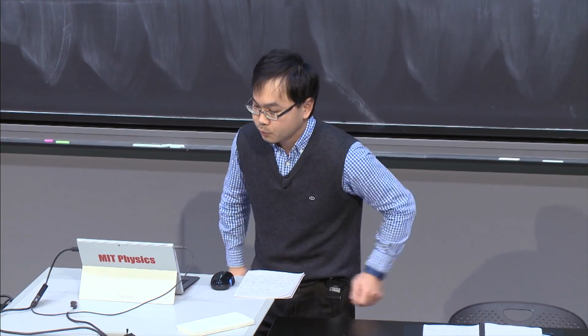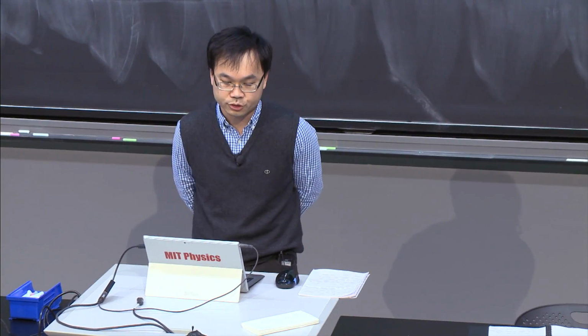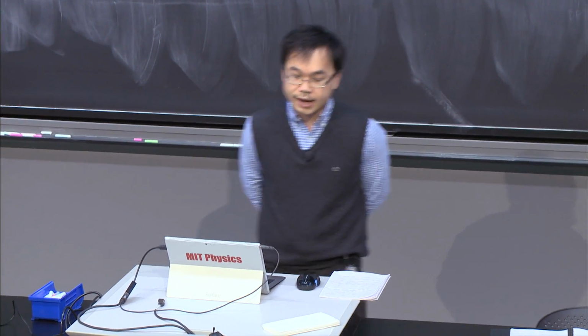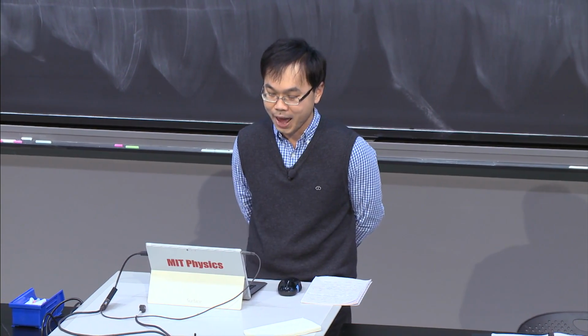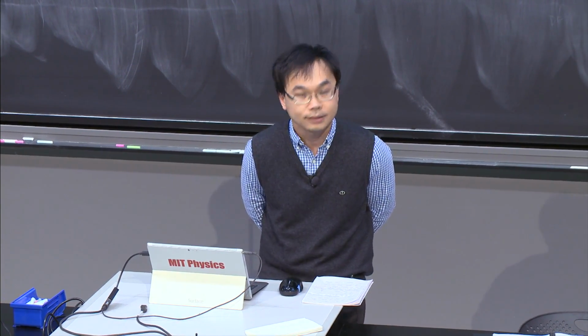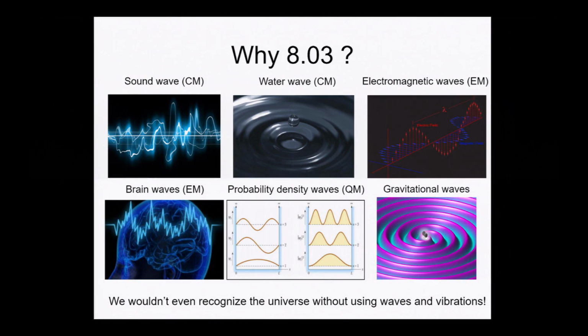So what I would like to say in the lecture today is that there are two kinds of completely different waves which we haven't talked about. The first one is the probability density wave, which I will cover in a moment. The second one is gravitational waves.